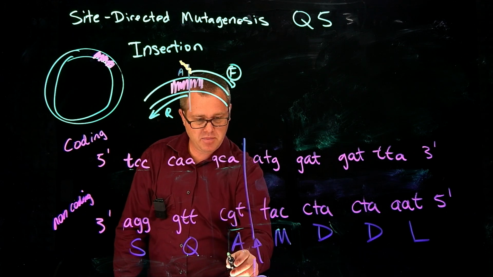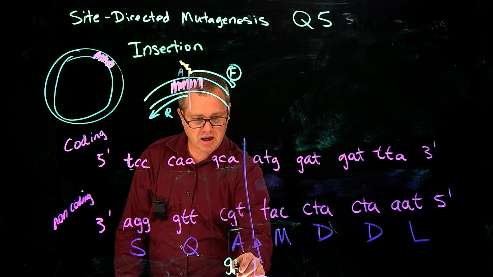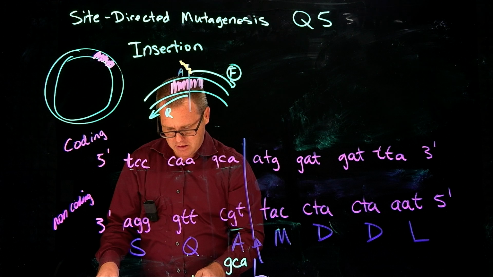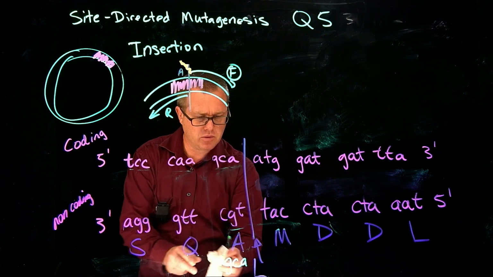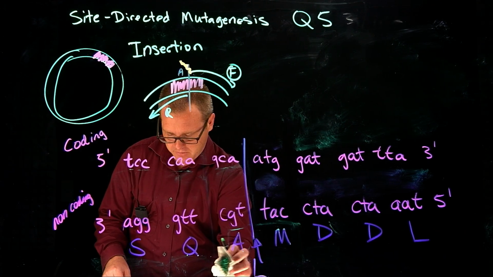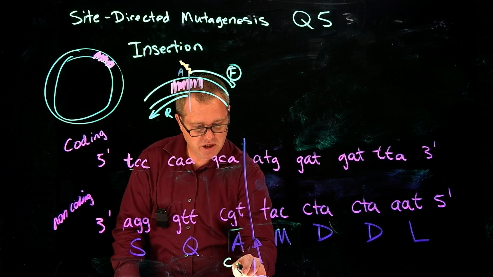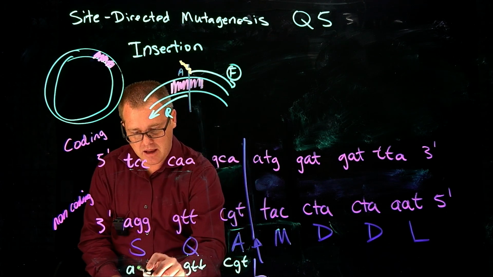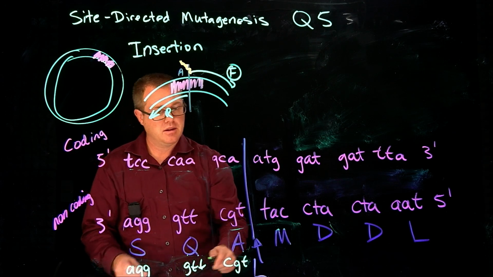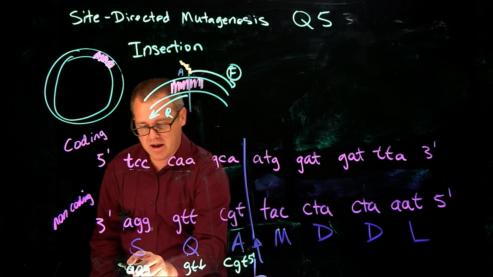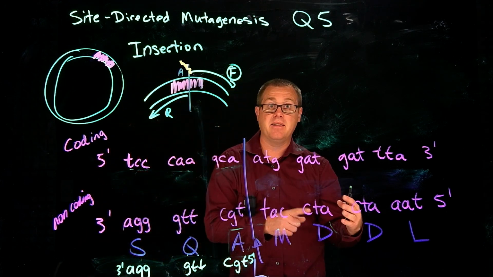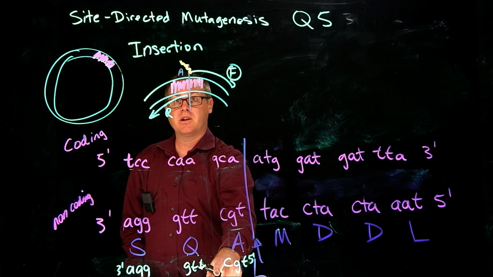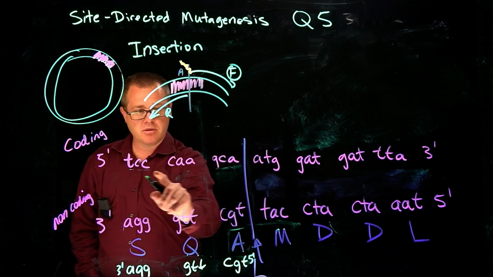So the primer would be GCGT, GTT, and AGG. And that would have to be the 5' end of the primer, 3'. We synthesize in the 5' to the 3' direction. So this reverse primer, where is it going to anneal? It's going to anneal right here.